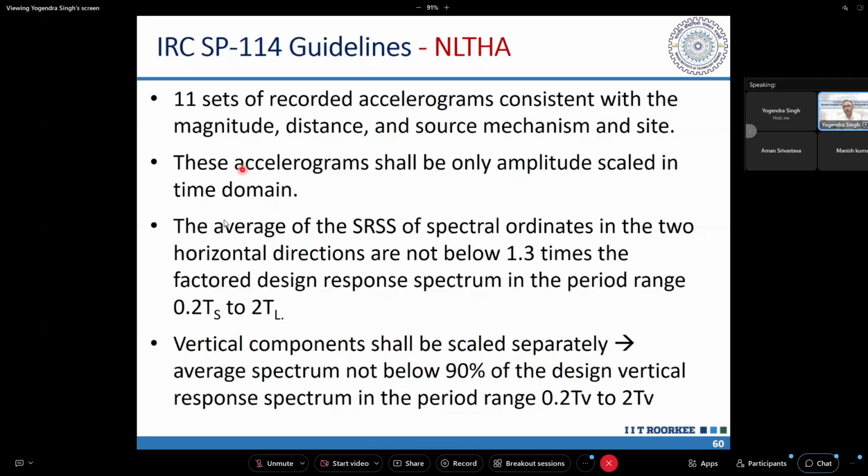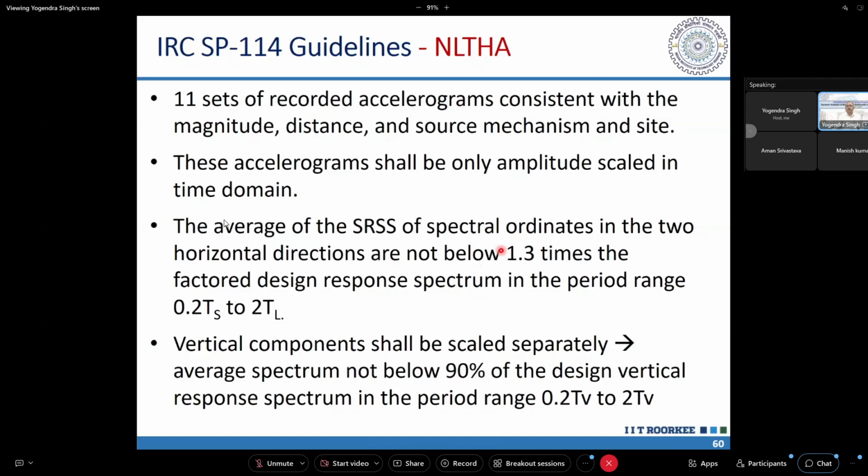So in case of nonlinear time history analysis, when you are selecting the ground motions, a minimum of 11 records are to be selected as per SP 114 guidelines. And these 11 sets will consist of three components: X component, Y component, and Z component, or H1, H2, and V. So H1 and H2 will be scaled together, and these will be scaled in such a way that the SRSS of H1 and H2 should not fall below 1.3 times the target response spectrum in this range, 0.2 TS to TL.